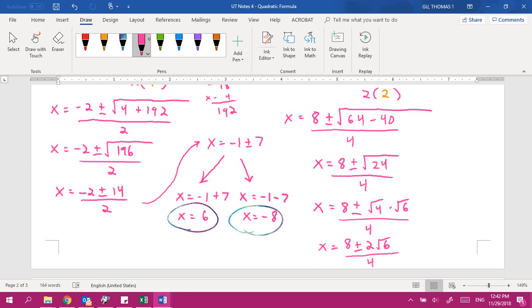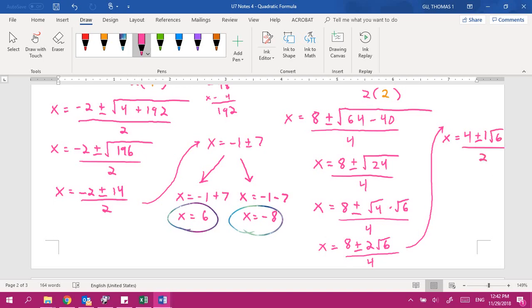Okay? Now that we're at this point, we want to try to reduce, right? So, can we reduce all these numbers by the same number? Yes. By what number? By 2. Okay, so it's going to be x equals, I need some more space probably. X equals what? 4 plus or minus 1 square root of 6 over 2.